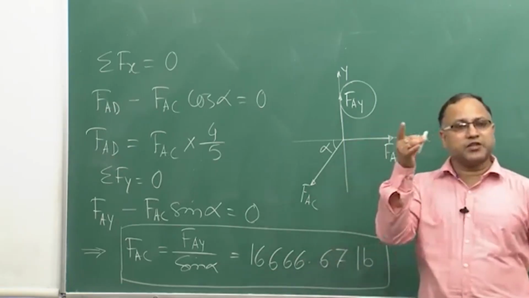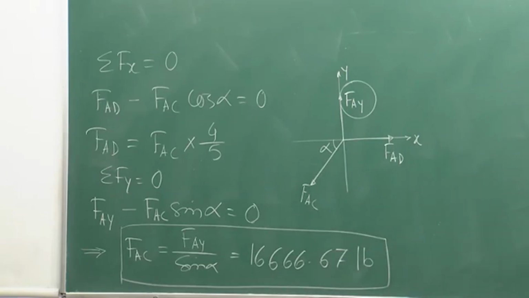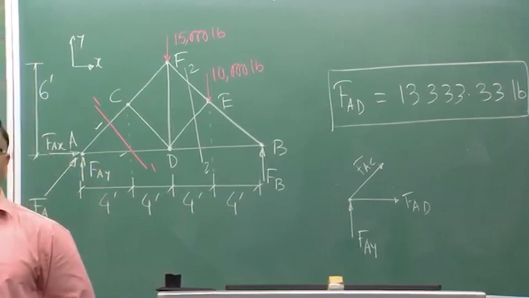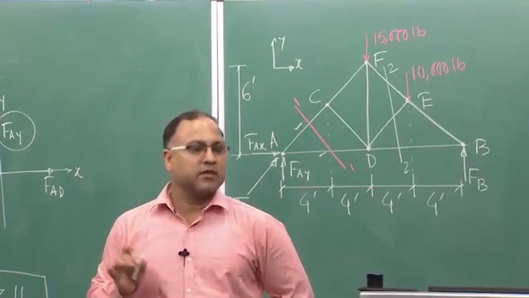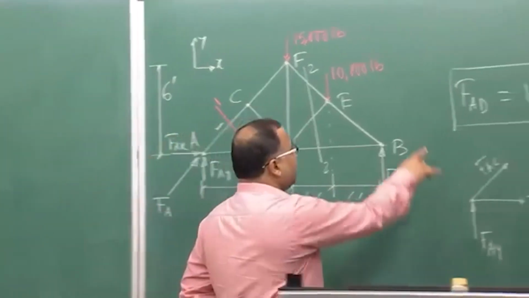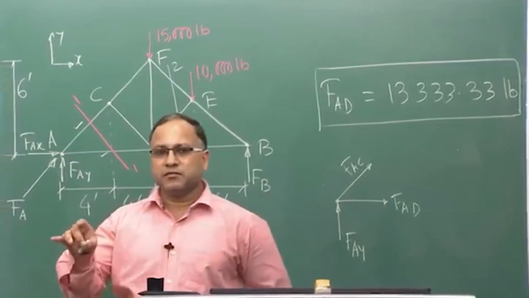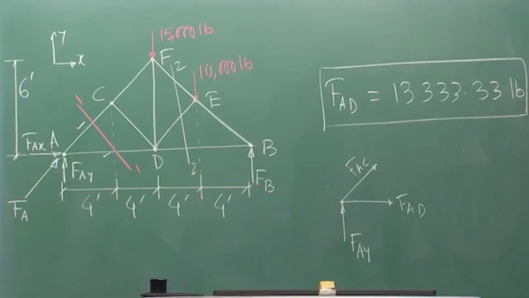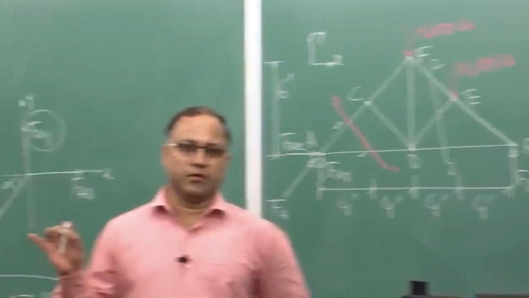Therefore, whatever direction we considered for FAC, that is the compressive, that was perfect. Similarly, for FAD we considered that was tensile and it is coming positive. So, therefore, whatever direction we considered, that is perfect.